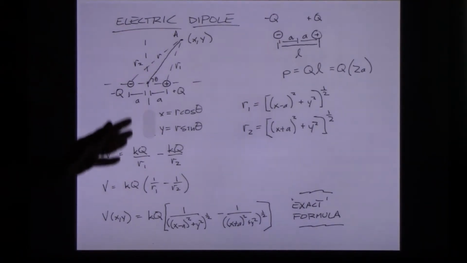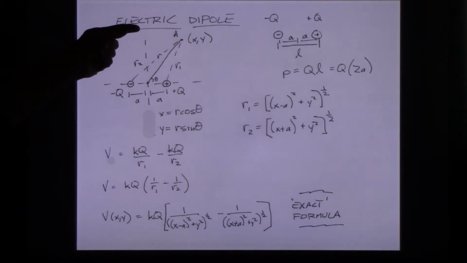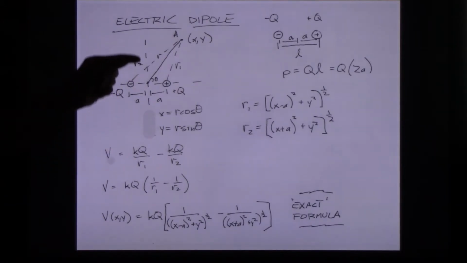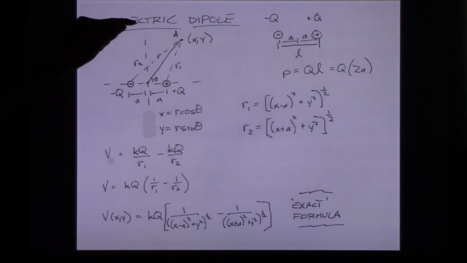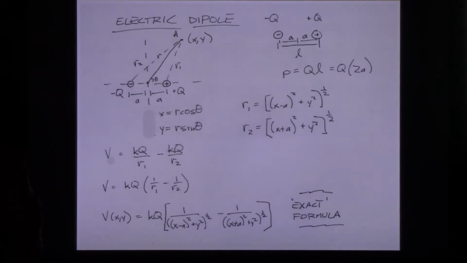The only place in this diagram where the potential will perfectly cancel out is along the plane between the 2 charges. Because if I pick a point along that vertical plane that we can see, in that case, R1 and R2 are the very same, and that says the potential is going to be 0 at that location.